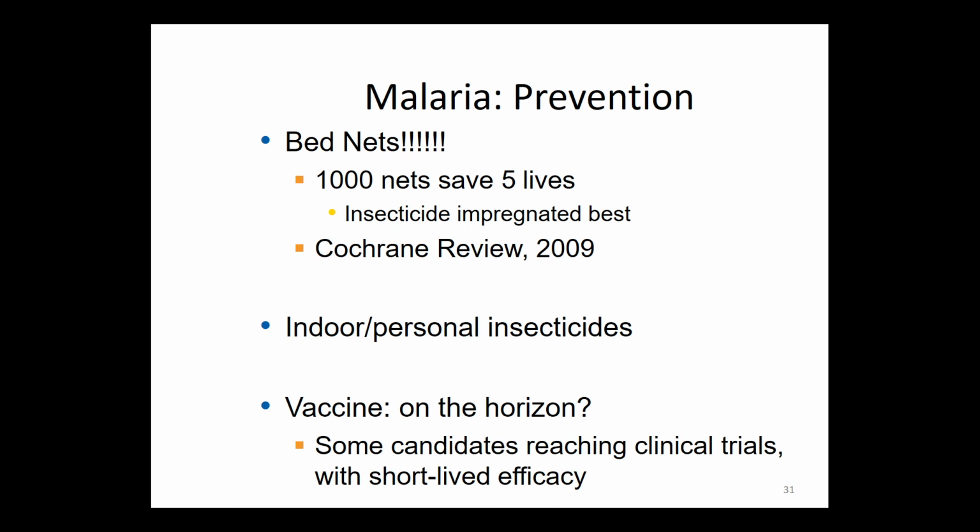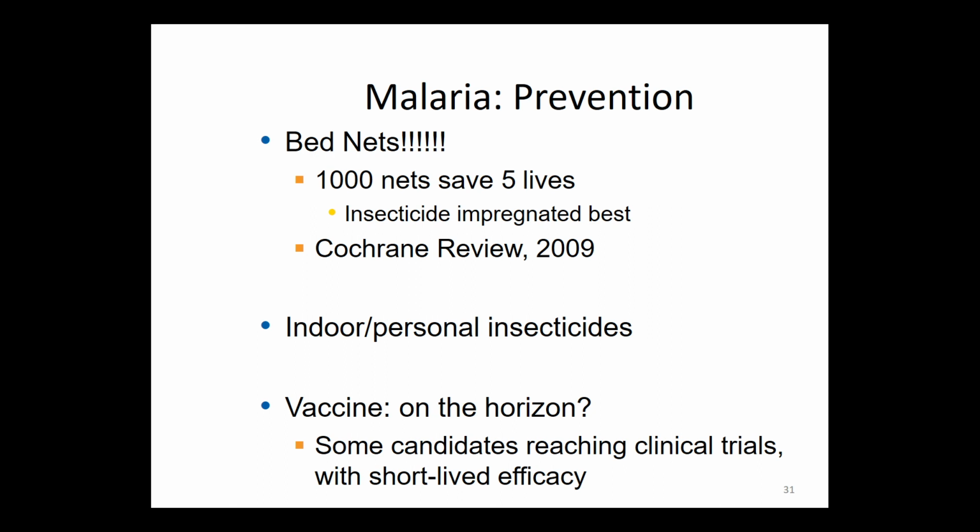Again, prevention of malaria. Bed nets if you are in an endemic area. 1,000 nets may save 5 lives. Insecticide-treated nets are best in pregnancy, per a Cochrane review of 2009. Indoor personal insecticides, or different indoor apparatus, or just sprays: if you travel to an endemic region, just apply spray on yourself when you go outside.